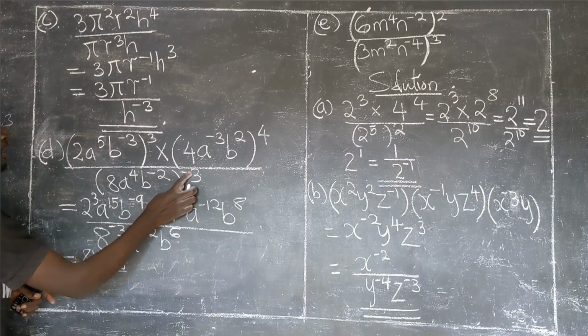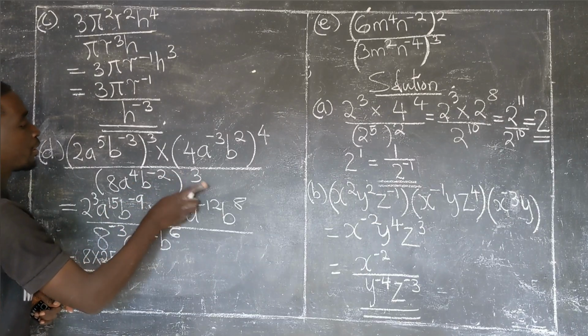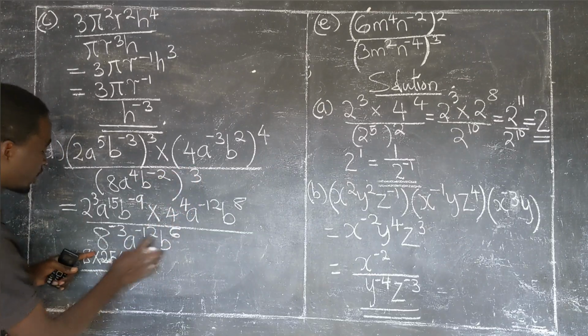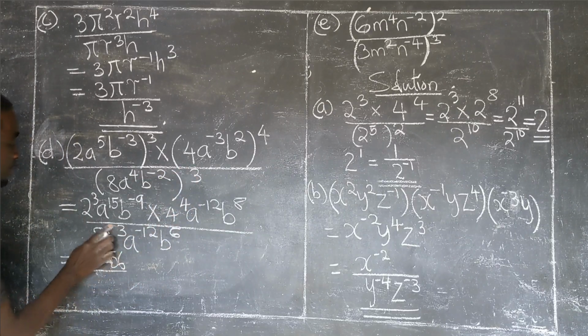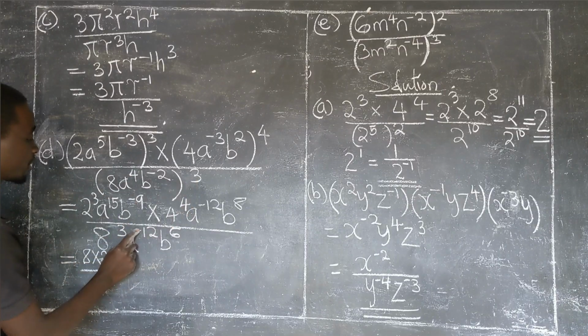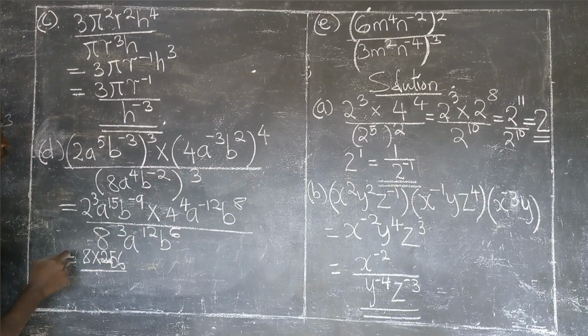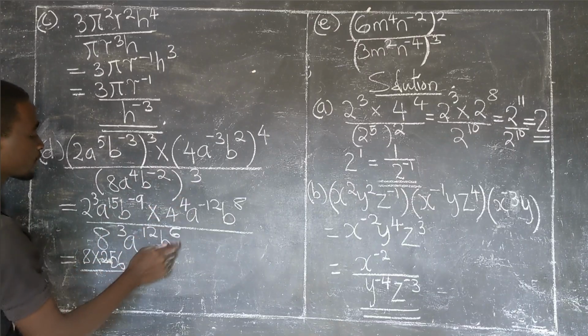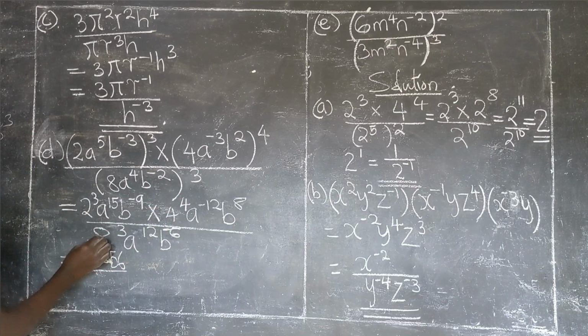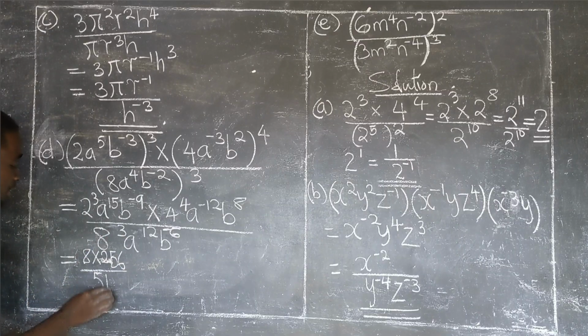Sorry, here the original exponent was positive 3, not negative 3. So even here the values change. Here it becomes 8 raised to positive 3, and 4 times 3 becomes positive 12, and negative 2 times 3 becomes negative 6, this way. Now 8 raised to 3 becomes 512.